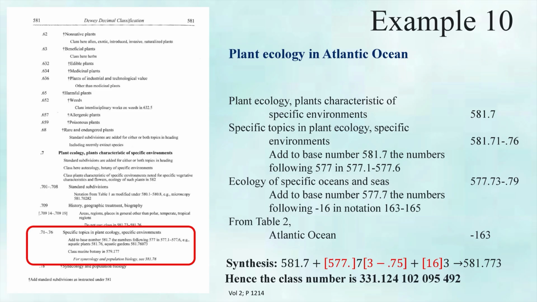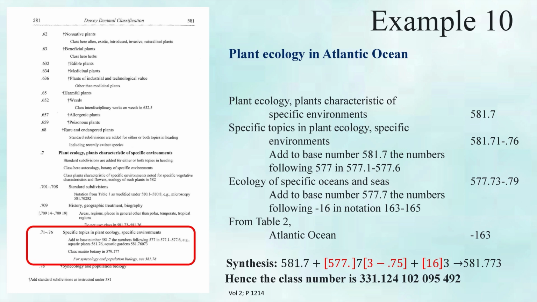In this class, there is an add instruction telling us to add to 581.7 the number following 577 in 577.1 to 577.6, ecology of specific oceans and seas. As we know, the book deals with a specific ocean, that is the Atlantic Ocean.